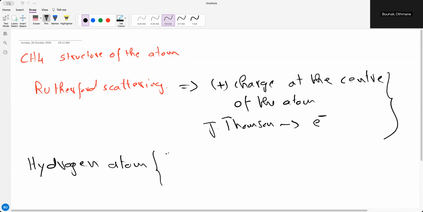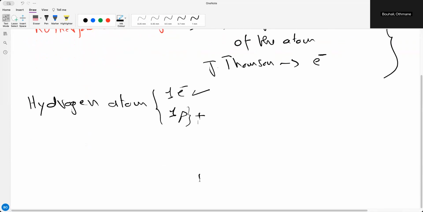We know that the hydrogen atom has one electron and one proton. Of course, at that time, the proton did not exist yet, but at least we knew at that time, since the atom is neutral, and since we know that there is one electron inside, there must be something at the center that is a positive charge, and it has the same charge as the electron, but positive.